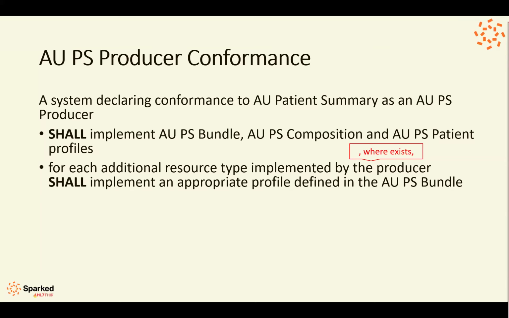Absolutely. I'm wondering if we need an additional point around should. So where no appropriate profile exists, producers should populate with AU core conformant or AU base conformant profiles preferentially. I like that.